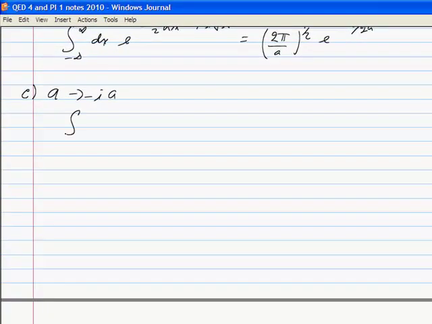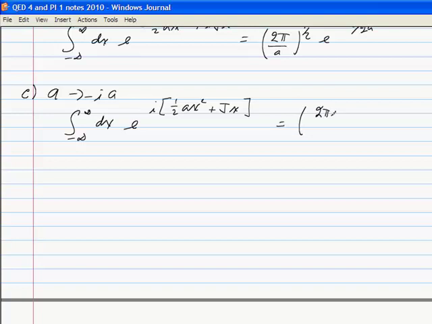So the integral minus infinity to infinity dx e to the i, now I've got i in front of everything, 1/2 ax squared plus jx. When I just take the answer, I'm going to do the same thing. So this is really an analytic continuation.